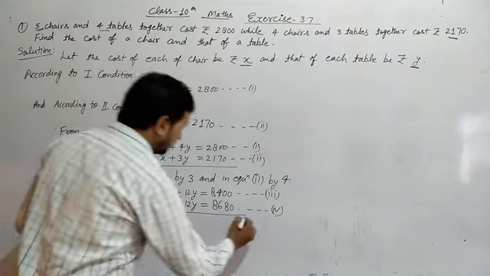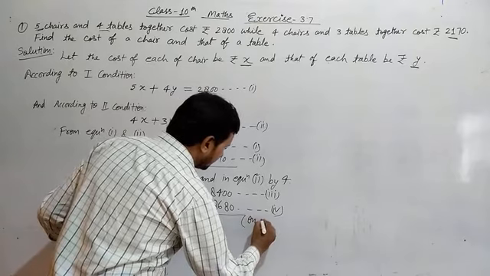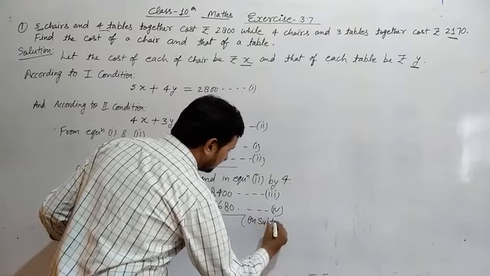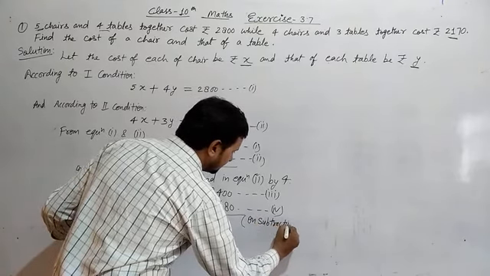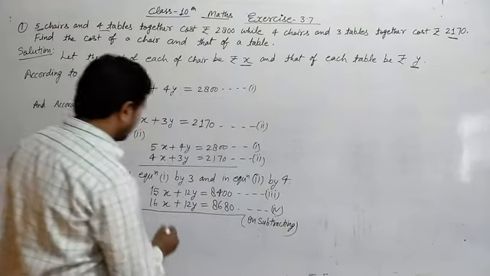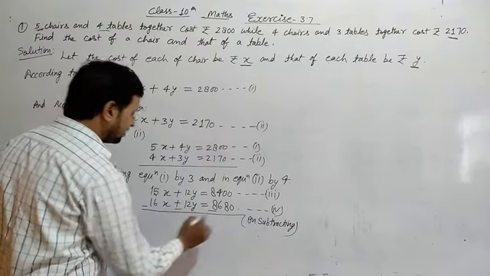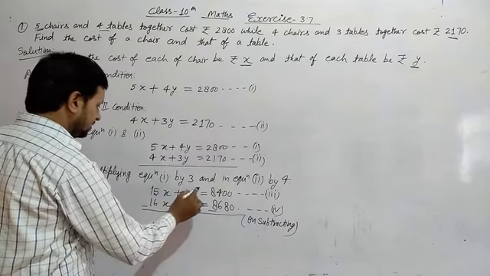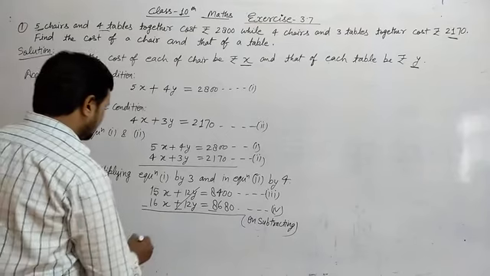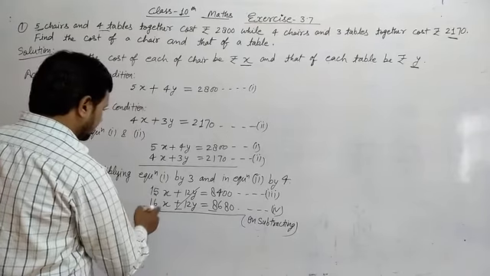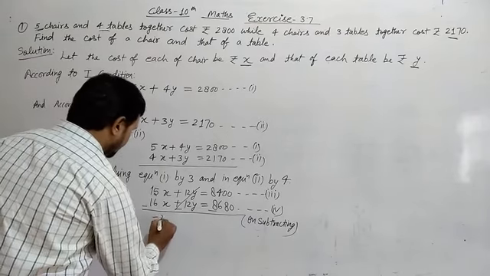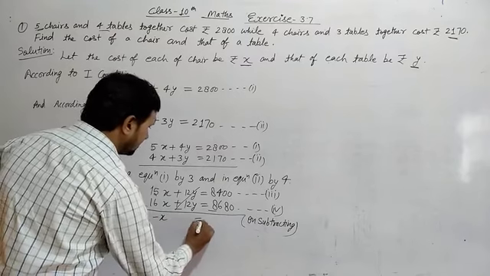So we have to subtract, and on subtracting we change the signs, plus will be minus, plus will be minus, and here plus will be minus. So this is cancelled out. Now 15x minus 16x will be minus x is equal to here.